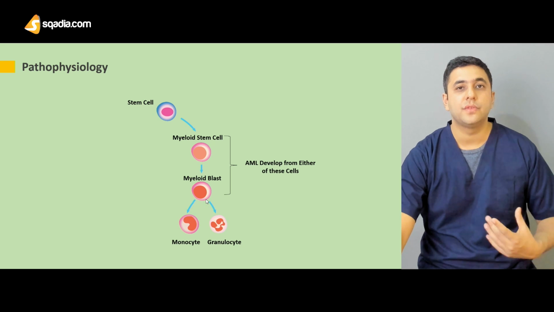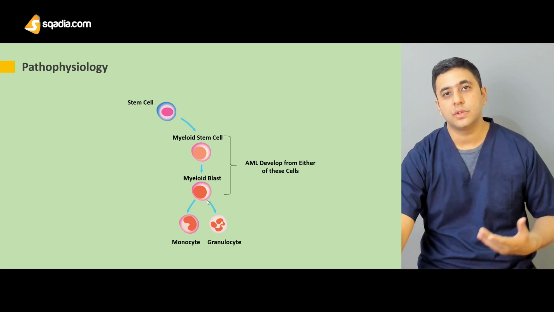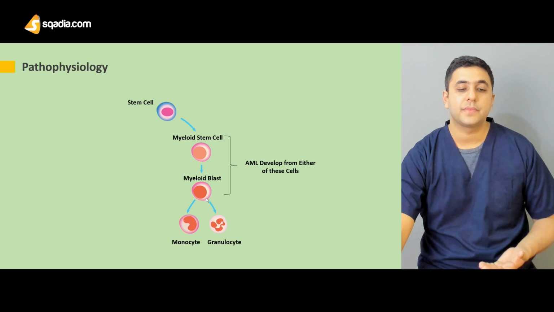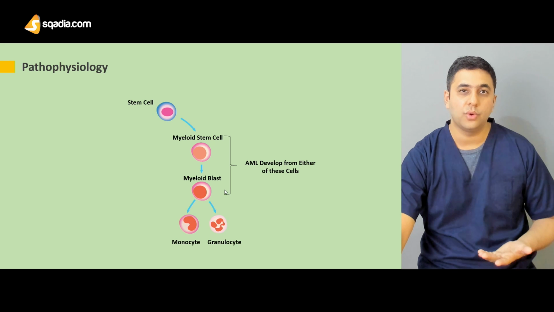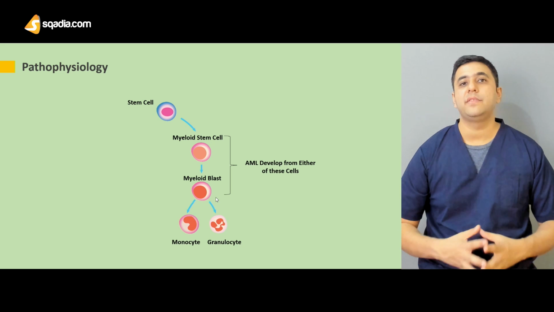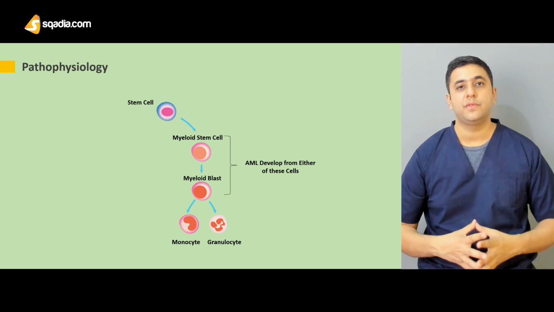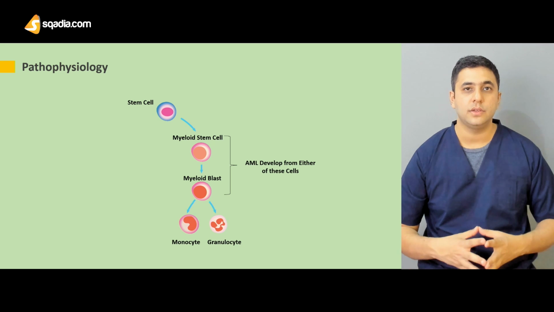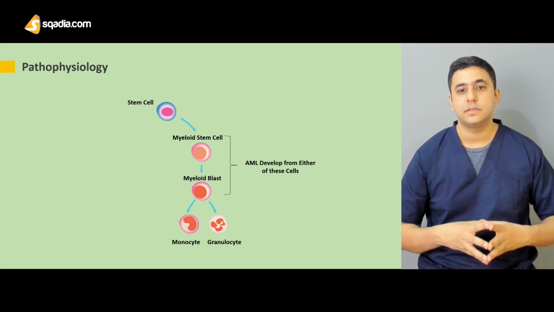These are not useful for the body. They do not perform their functions of defense, which white blood cells generally do. So this is the stage at which the development is arrested, and then the further monoclonal differentiation of this myeloid blast cell will give rise to a whole army of neoplastic cells, which will basically harm the body and give rise to the malignancy, acute myeloid or myeloblastic leukemia.